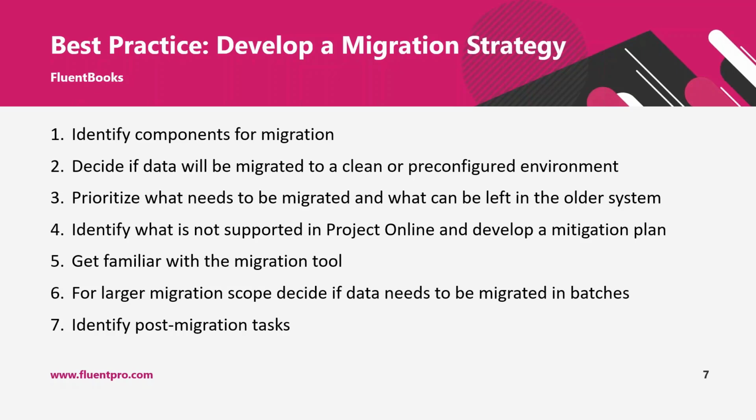So it will be project PWA configuration, and only a selection of projects, and only a selection of project sites, like, for example, only those sites that are related to active projects. And the rest of the data could go to a separate instance in Project Online. It will be a separate PWA, so-called archive PWA.